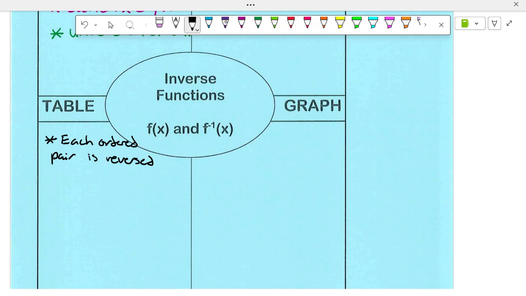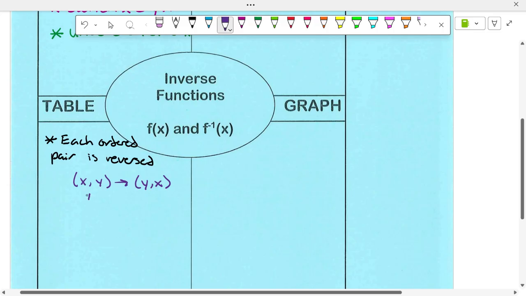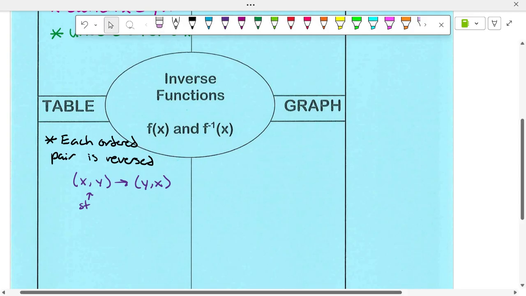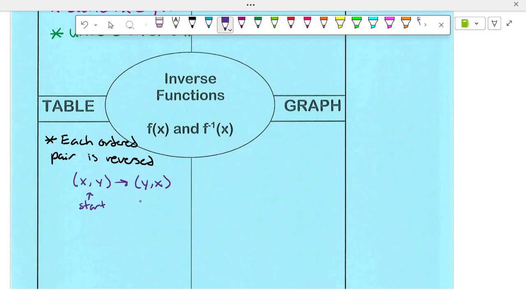In other words, if I have xy, that's what I start with, the inverse would be yx. So that's what I start with, and the inverse is what I end with.